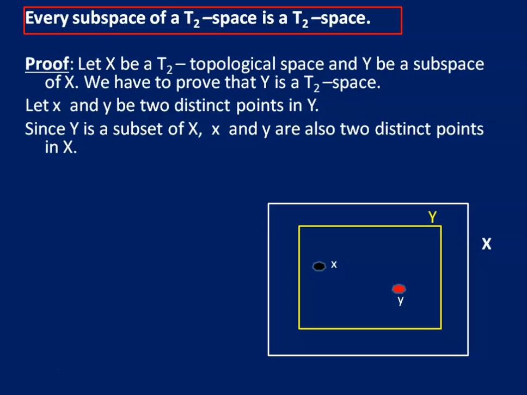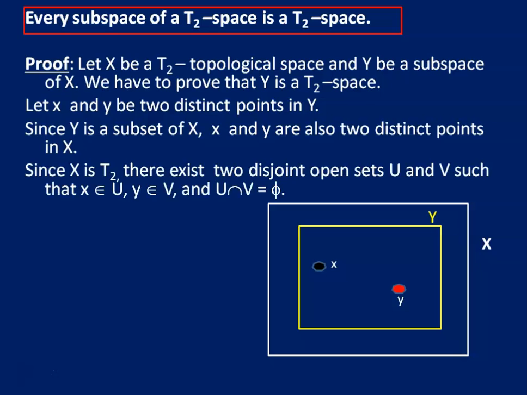Now since x and y are two distinct points in X and X is a T2 topological space, by the definition of a T2 topological space, there exist two disjoint open sets U and V, where U contains x and V contains y.